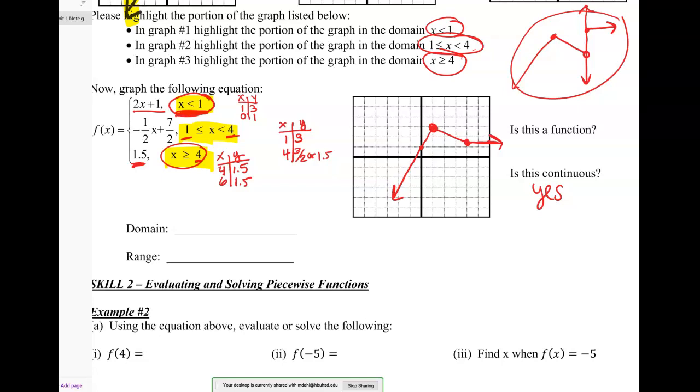So first, algebraically. The first equation says we use this when x is less than 1. So if we only used this first one, if that was the only thing we wrote, our domain would be that x has to be less than 1. Is that okay with everybody? But we put a second piece into this function. So you can't just use the x that's less than 1. You have to also use this next part, okay?